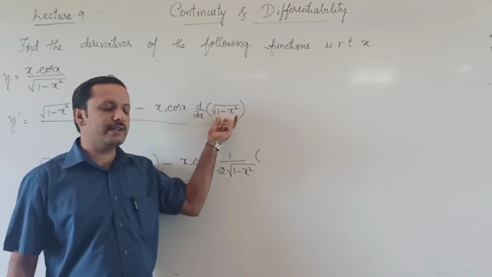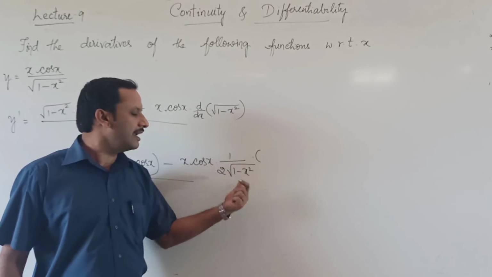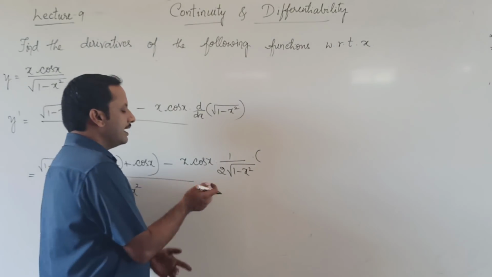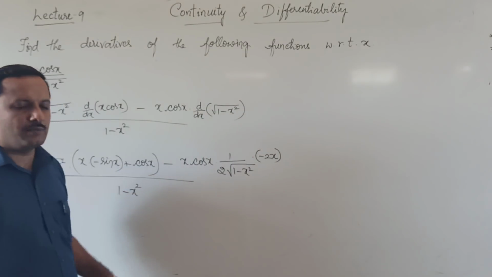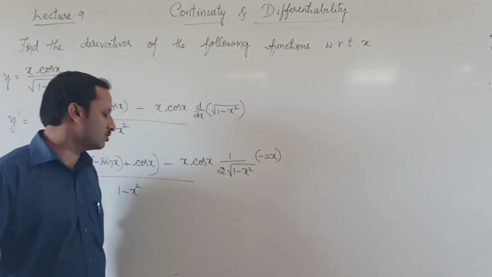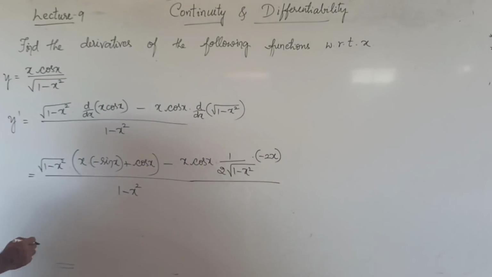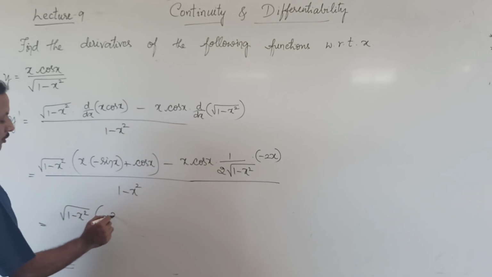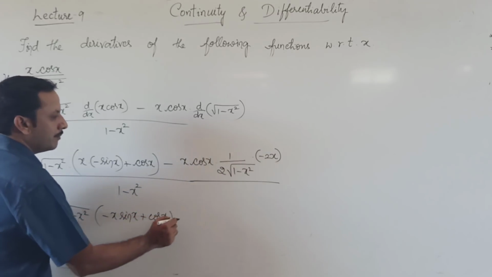Derivative of root 1 minus x square is 1 by 2 into root 1 minus x square into the derivative of 1 minus x square. Derivative of 1 minus x square is nothing but minus 2x, because derivative of 1 is 0 minus the derivative of x square, which is 2x. So now this is equal to root of 1 minus x square into minus x sin x plus cos x.